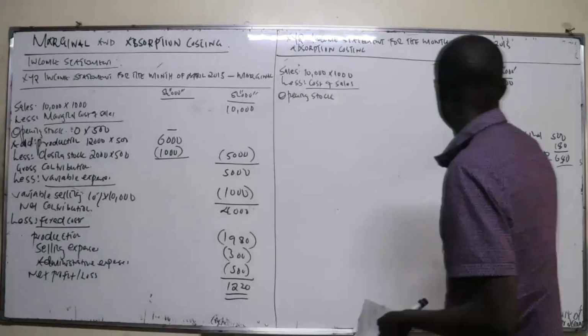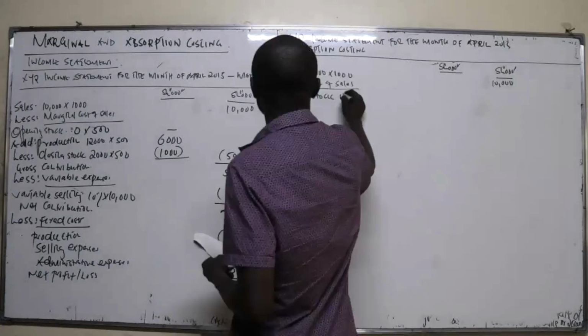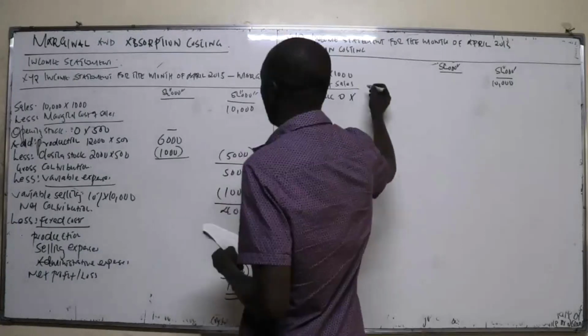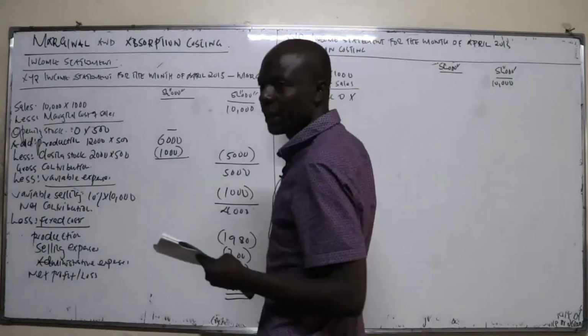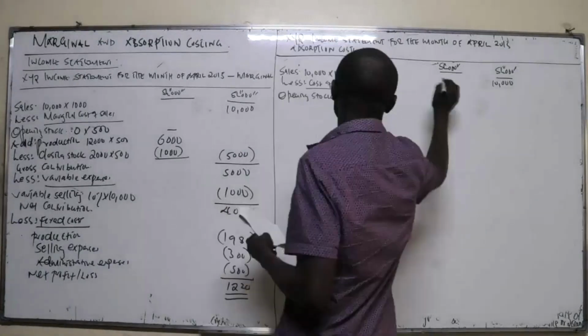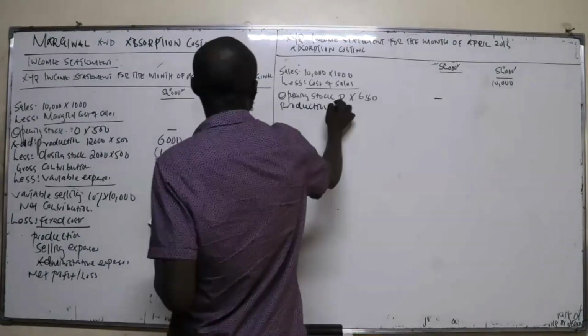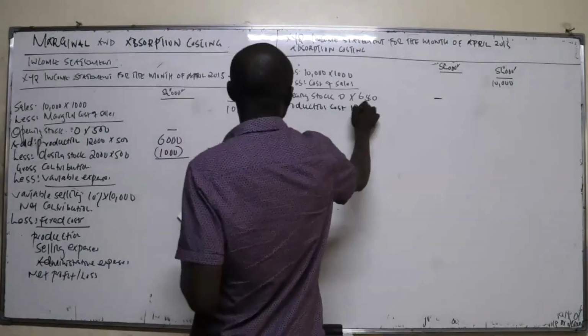So opening stock was not there. Suppose it was there. You were saying the total production cost per unit is 680, isn't it? So it would have been 680. Then you add production cost. We produce 12,000 units. You multiply them by 680 to convert them into money.